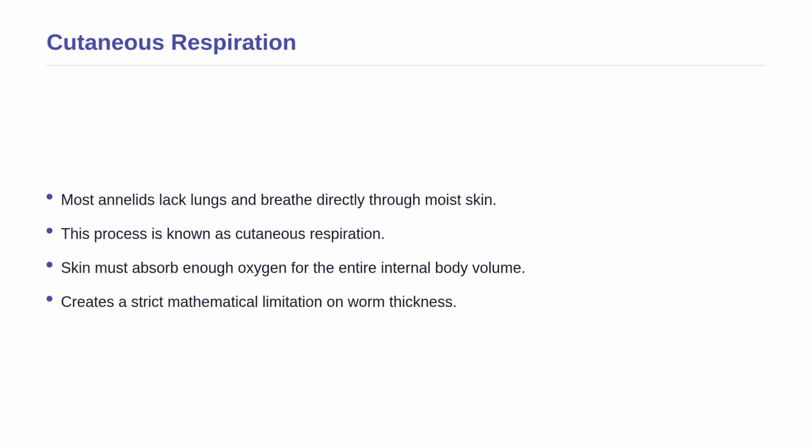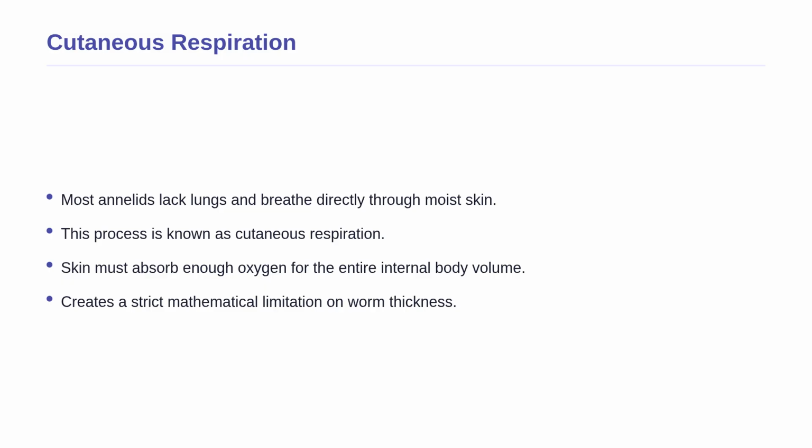Knowing how important they are, let us examine how they actually survive, starting with how they breathe. Unlike humans, most annelids do not have lungs. Instead, they breathe directly through their moist skin, a process known as cutaneous respiration. For this to work, the worm must absorb enough oxygen through its skin to supply its entire internal body volume.